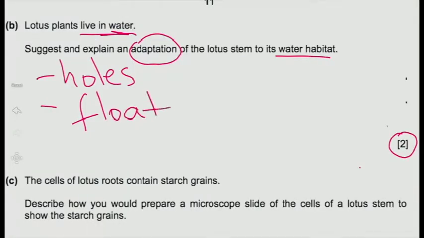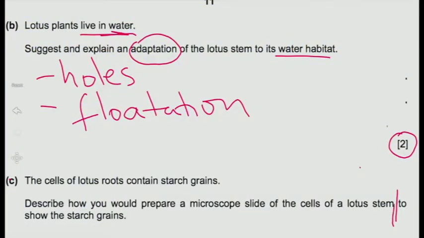They make it to float in the water. Flotation. That's an adaptation. The lotus stem has got holes as seen from its cross section, and these make the lotus plants to float in the water. That's flotation.